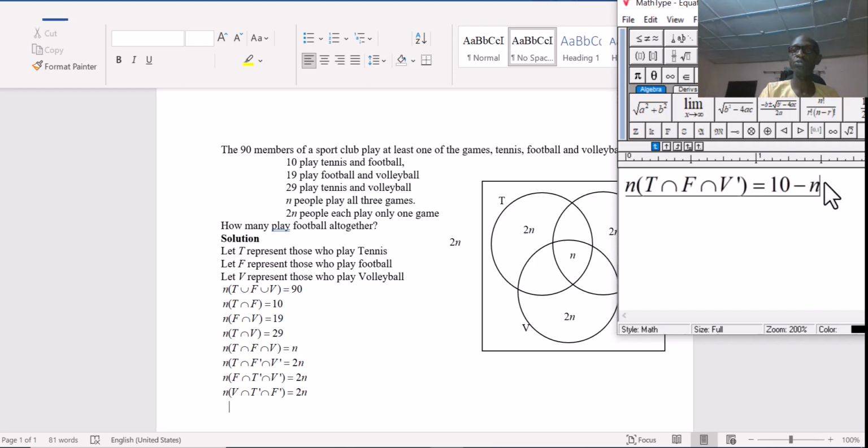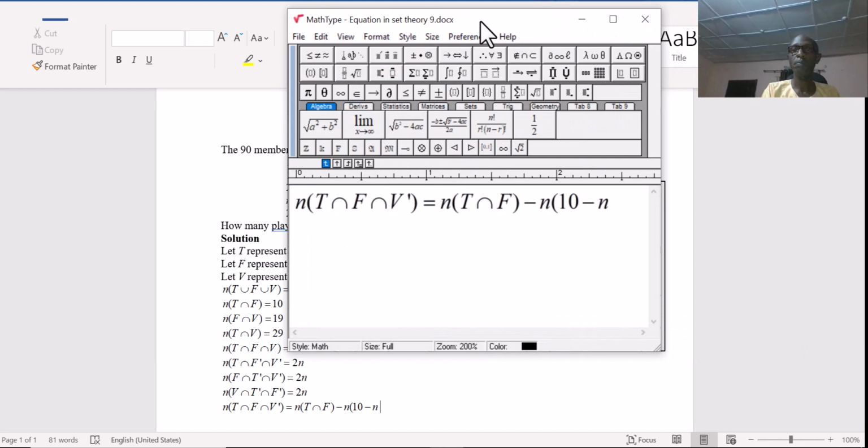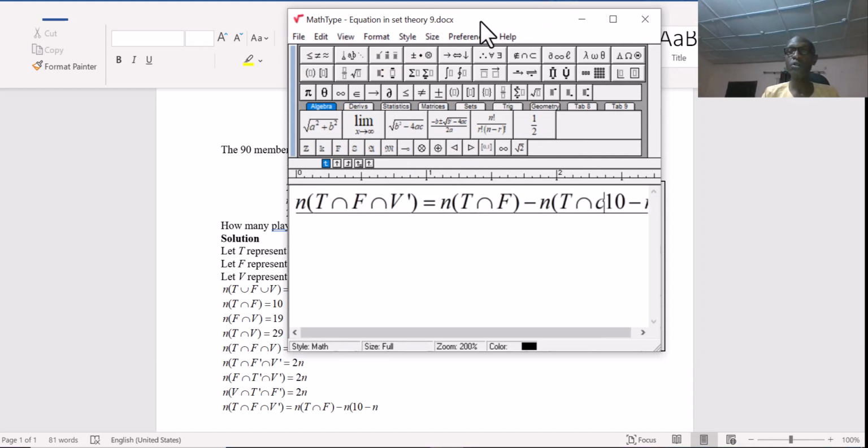That will give you 10 minus N. So we have T intersection F minus T intersection F intersection V.